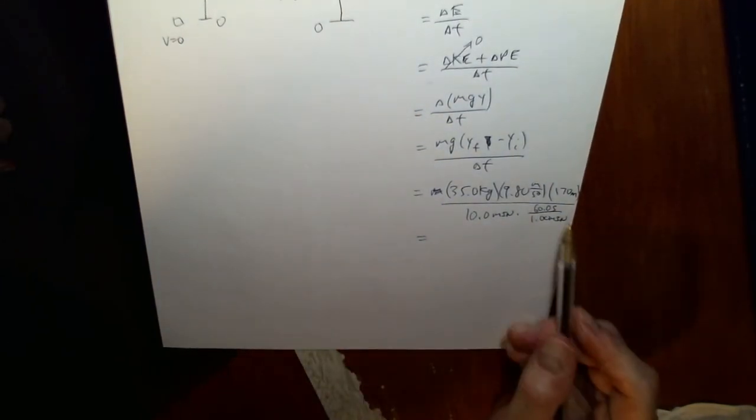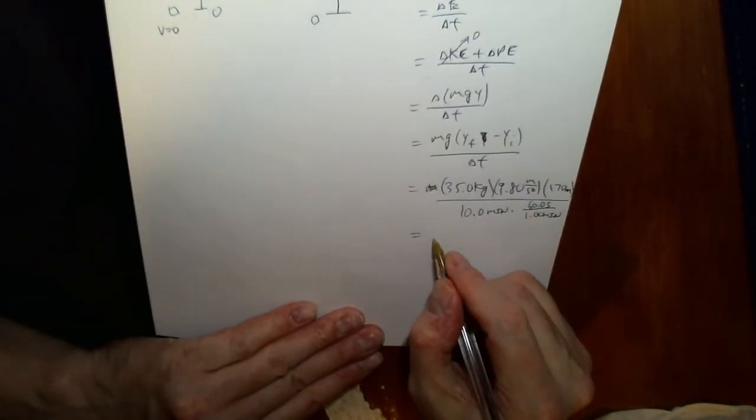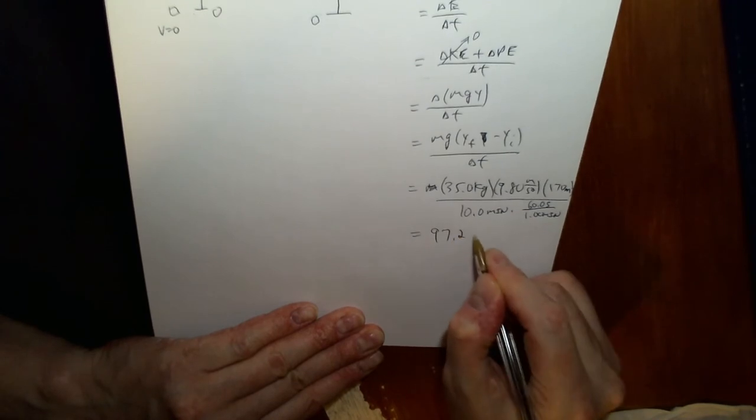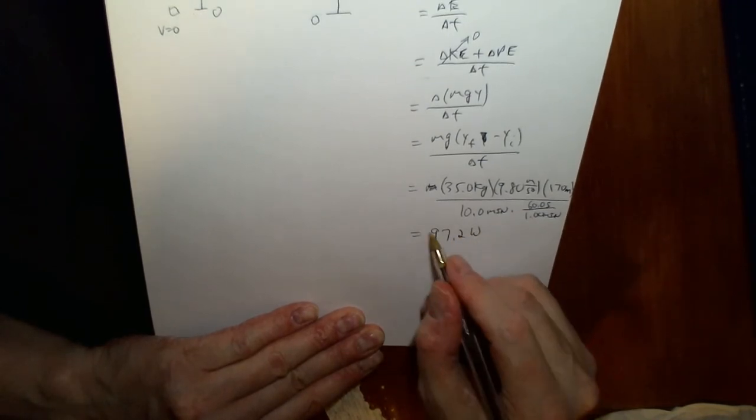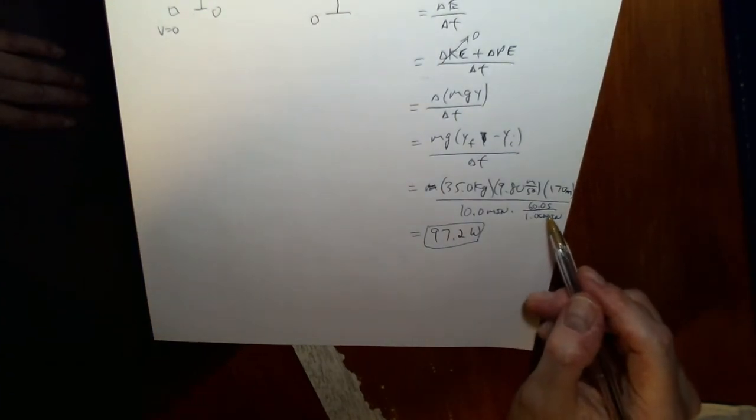And right, so if you put that into your calculator, you wind up with 97.2 watts, which is, by the way, if you look at the units, you've got seconds down here.